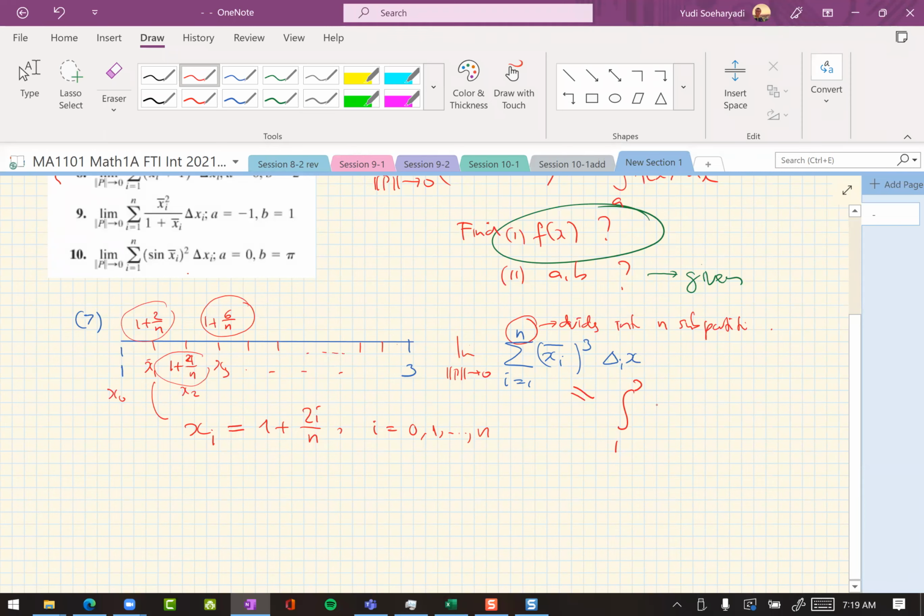What is this one? Okay, so this is just the f of x. We don't need that one actually.